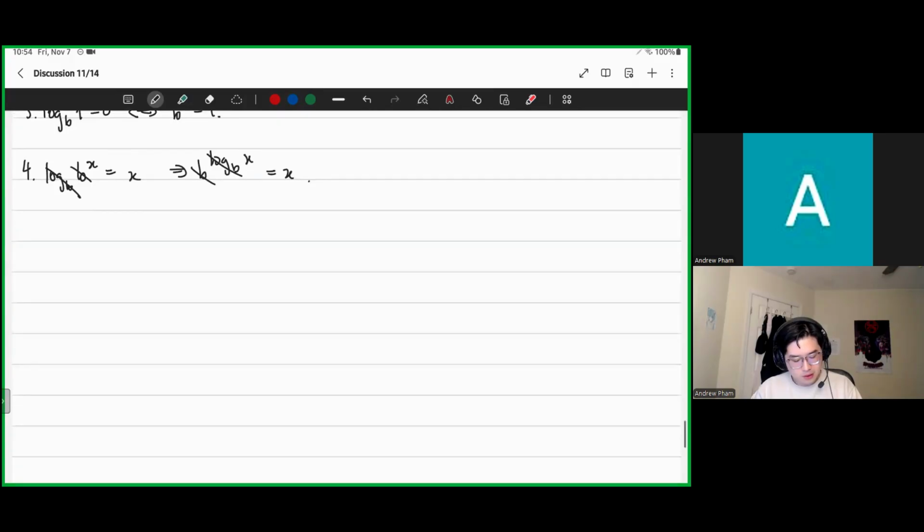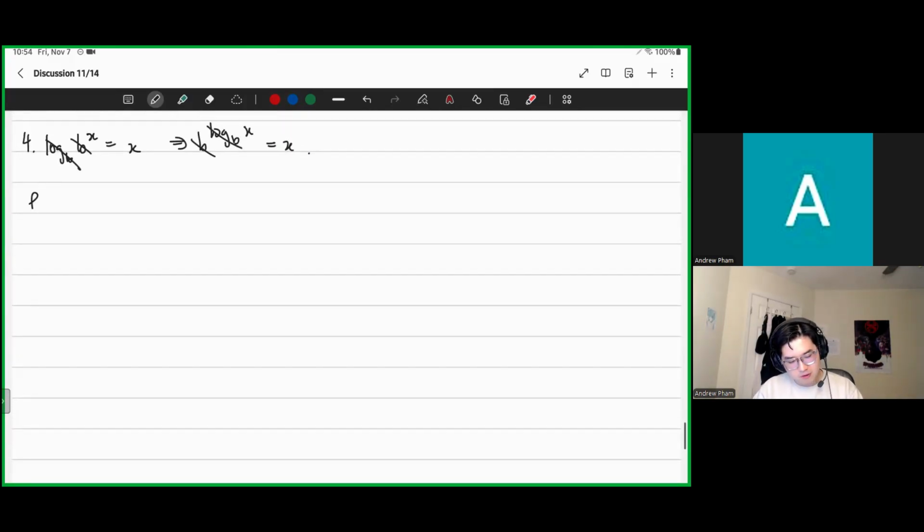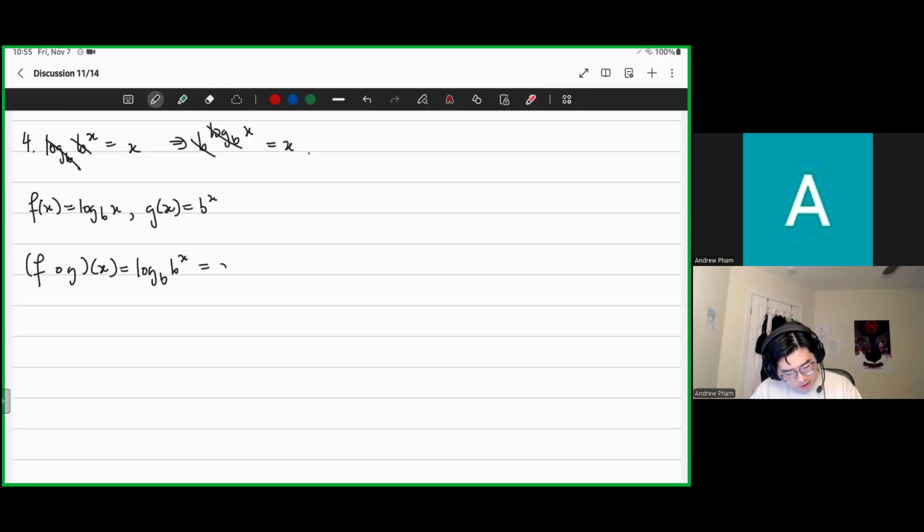Okay. So what is this really saying? Take f of x to be log base b of x, and g of x to be b to the x. So f of g of x is log base b of b to the x, that's x.